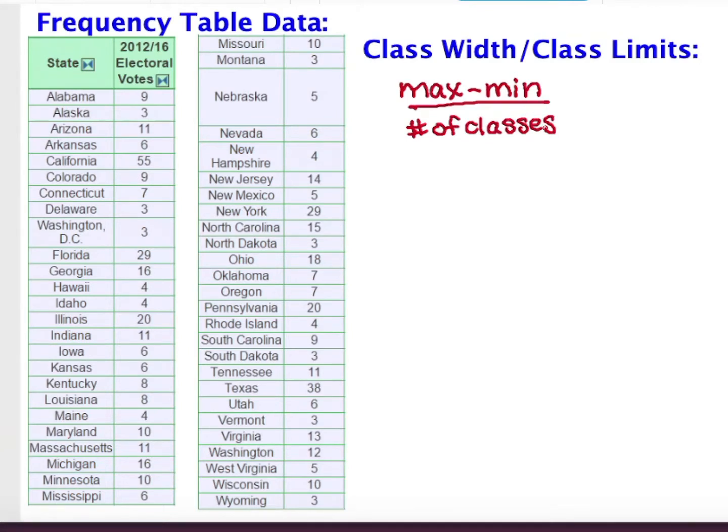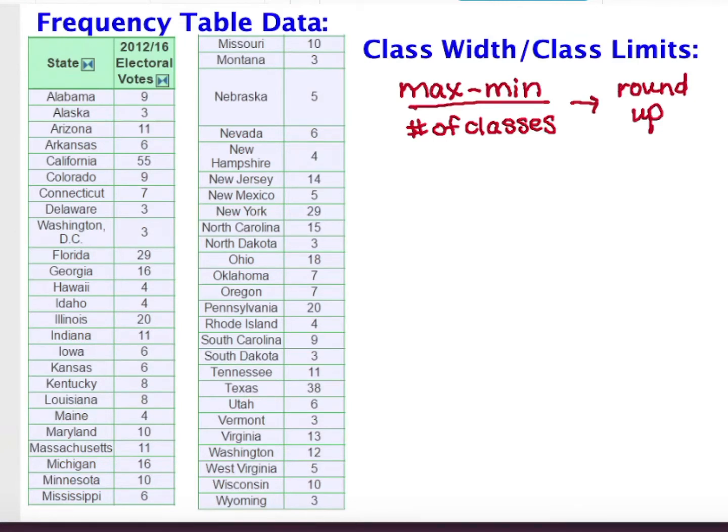Now there's one extra step. That is a lot of times a decimal, and even if it's a whole number, what you want to do is then round up. And the reason you want to round up is because if you don't round up, all of your data might not fit into the classes that you make.